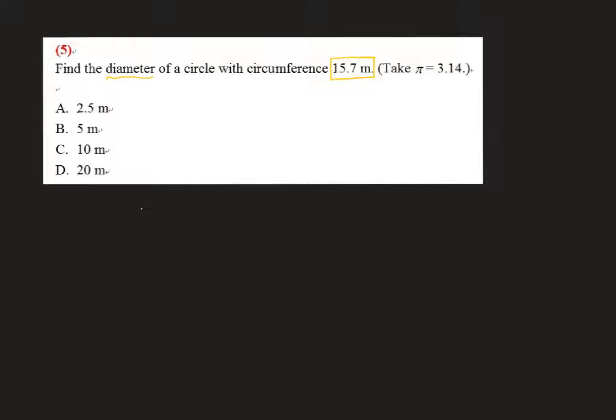So we can simply write pi times d equals 15.7, and according to the question, you need to take the value of pi as 3.14. So 3.14 times d equals 15.7, and then the value of d is equal to 5, and the unit is meter. So the answer is B. Next question.